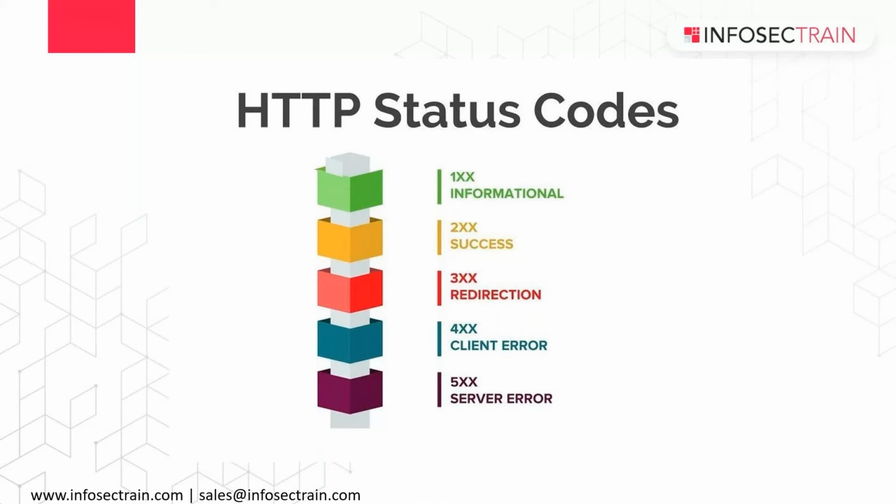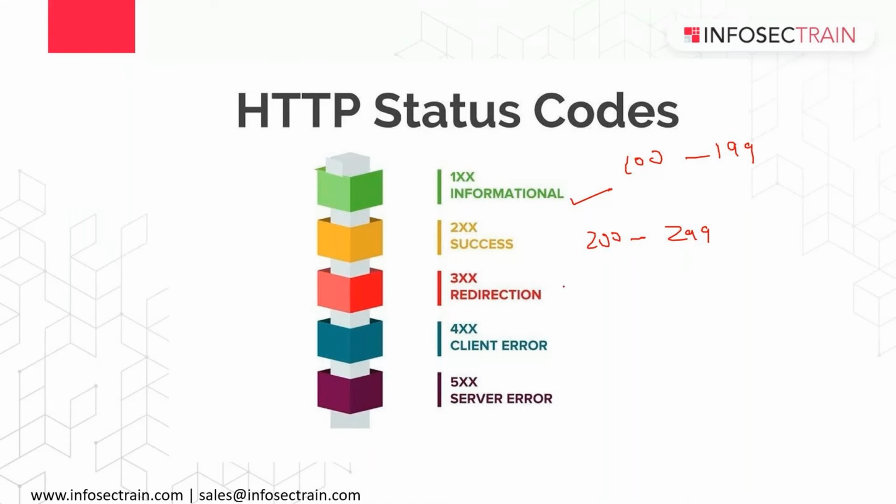If your response is in the range of 100 to 199, then it is informational. That means it is giving you information only. From 200 to 299, it shows successful. If you're uploading something or logging in, at that time it shows success, right?